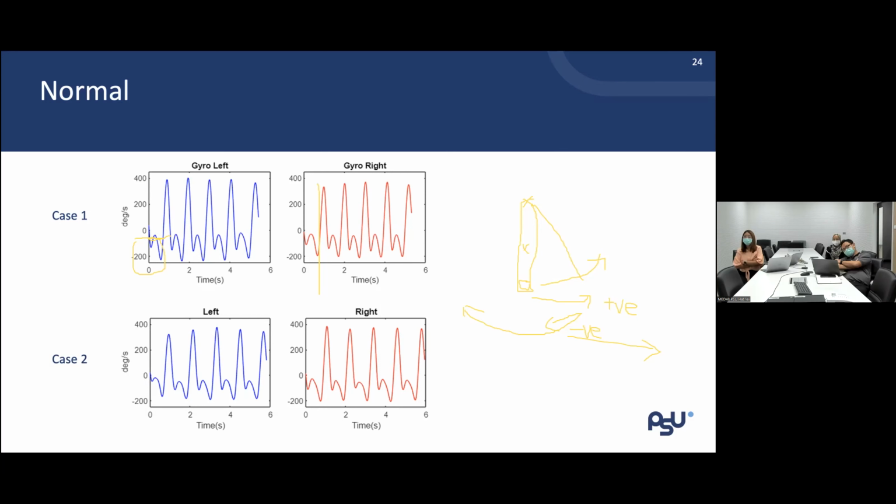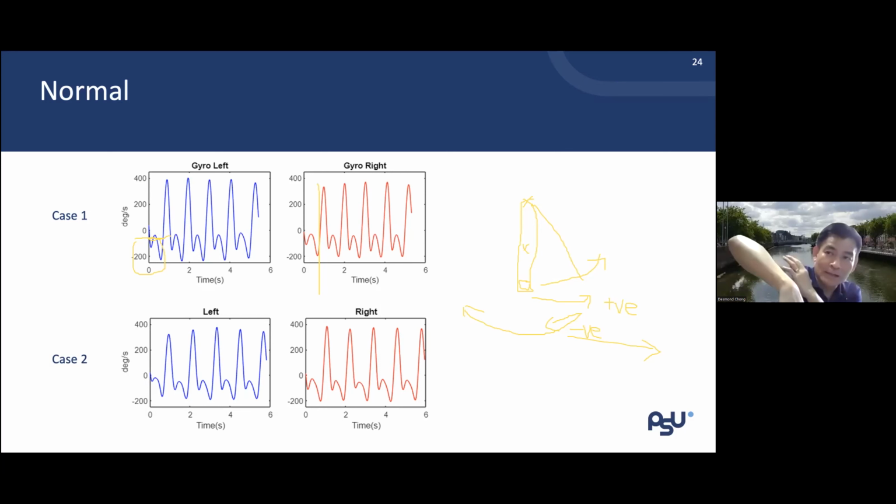But when you look at the swing phase, basically the entire lower limb is swinging forward. So at the swing phase, you really see a positive angular velocity.